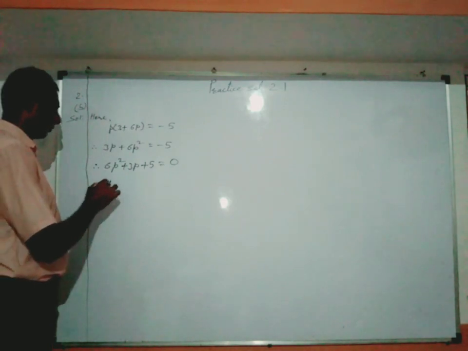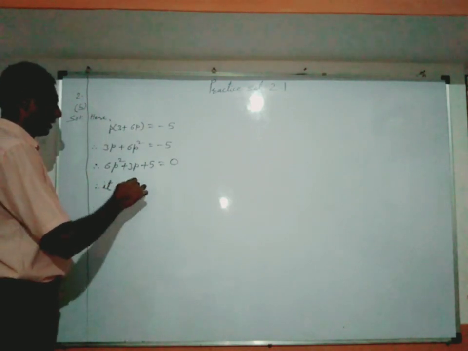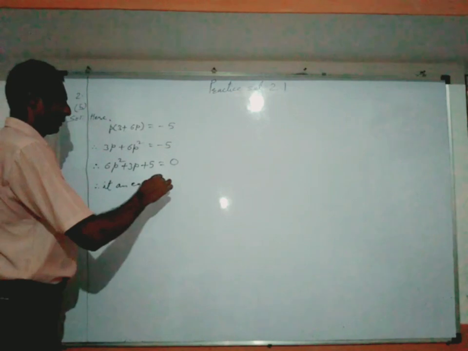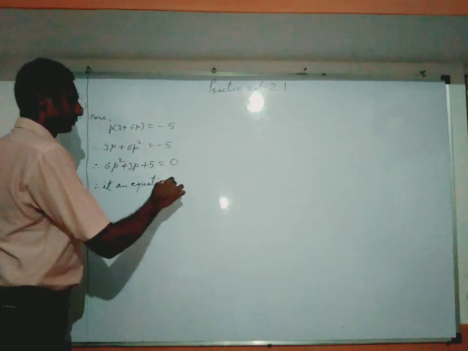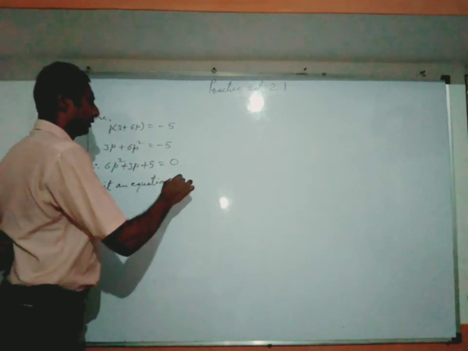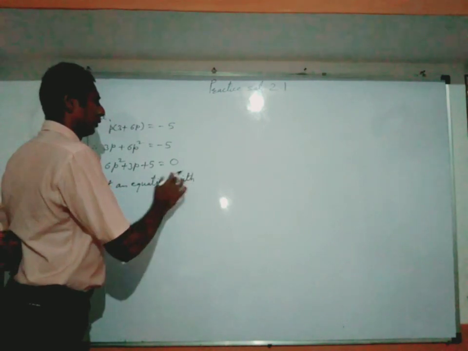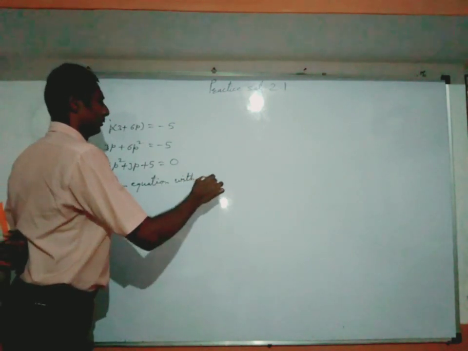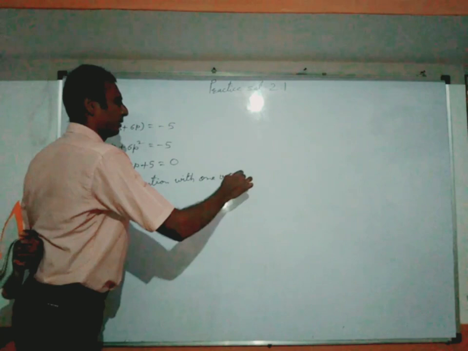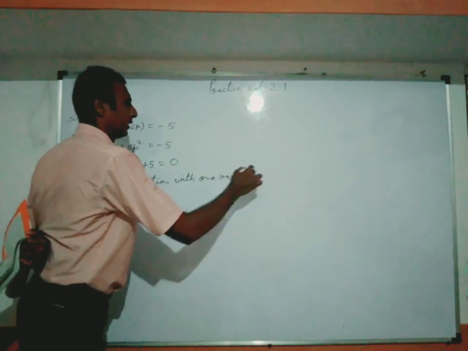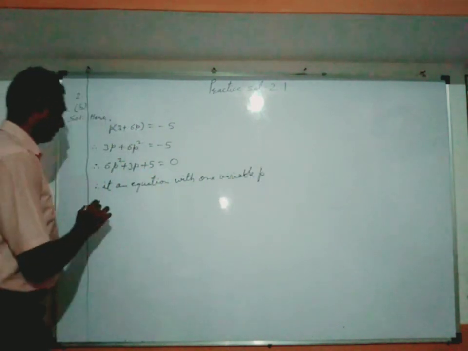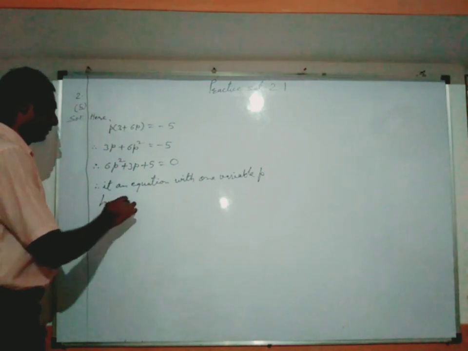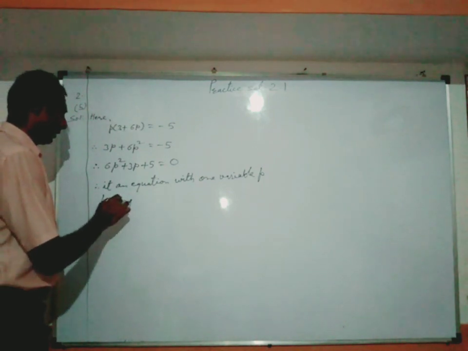And therefore, it is an equation with one variable. Which is that variable? That variable is p, having degree.